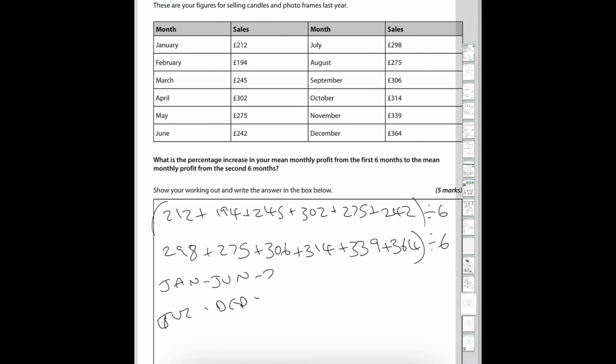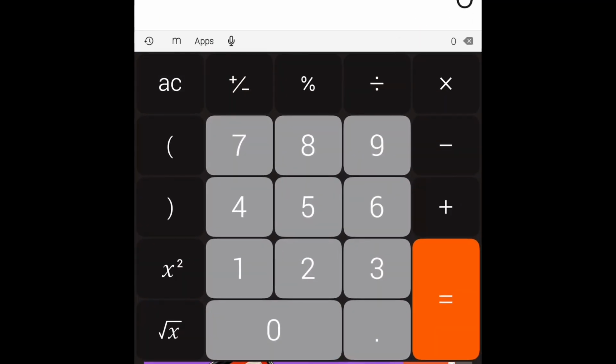So the first one, the mean is 245. The next one, 298 plus 275 plus 306 plus 314 plus 339 plus 364. 1896, divide that by 6, that's 316.